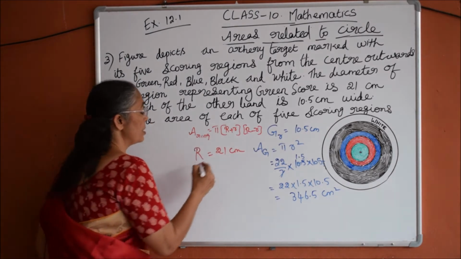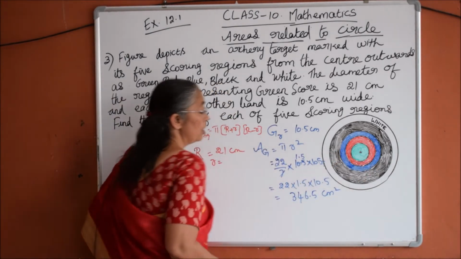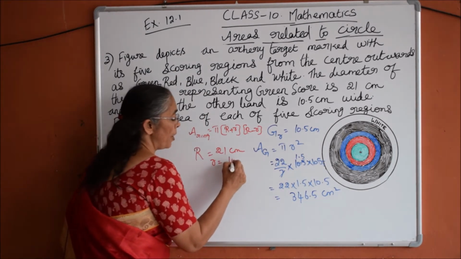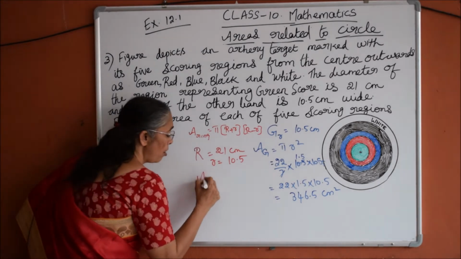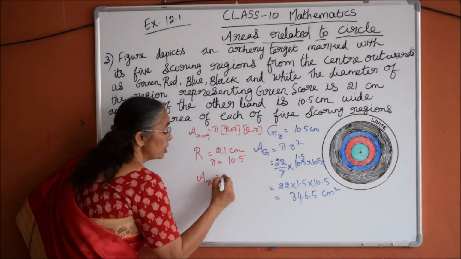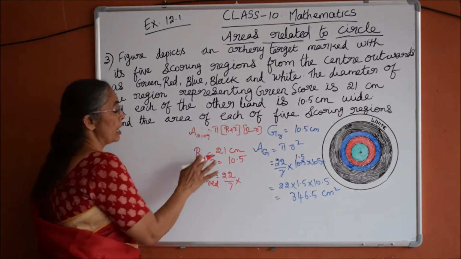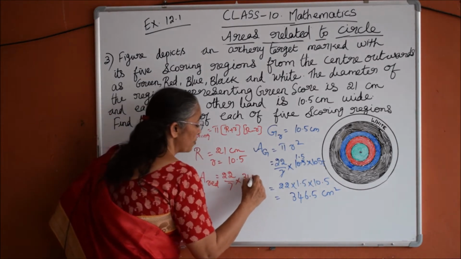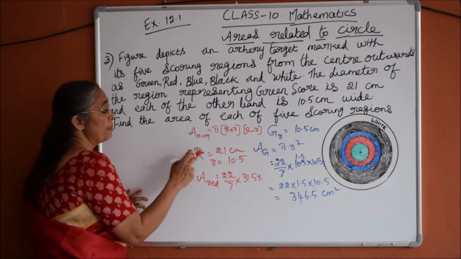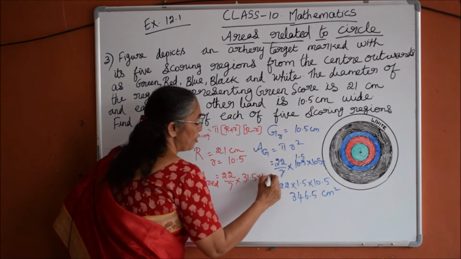And how much is small r? Small r is the radius of this green circle, which is 10.5. Now we substitute in the formula. Area of the red region is pi, 22 by 7, into capital R plus small r, 31.5, into R minus r, which is 21 minus 10.5, that is 10.5.